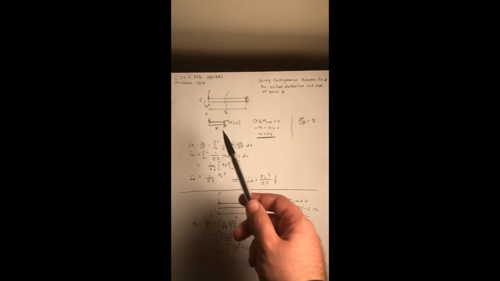Since we added the virtual couple C, we're going to have to set it equal now to 0. So we're going to set C equal to 0. So our slope at A will be PL squared over 2EI.